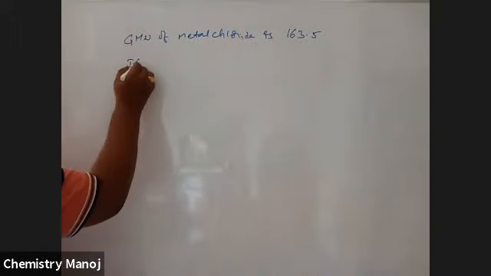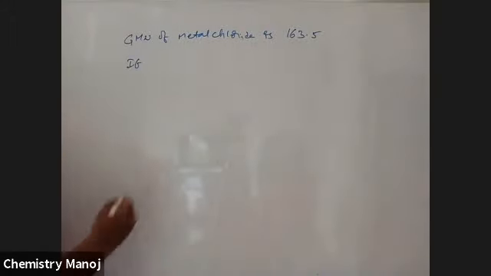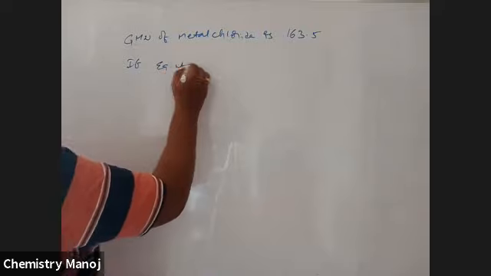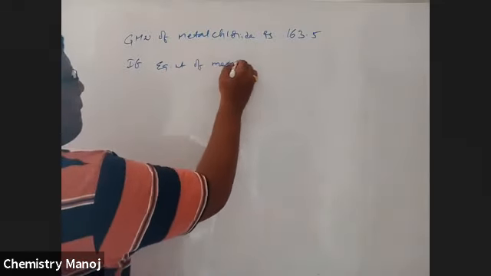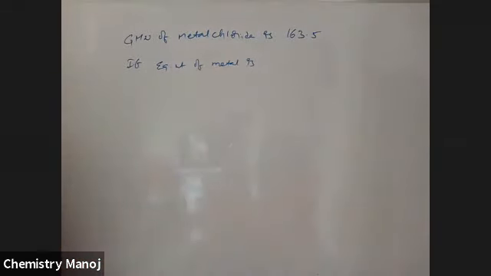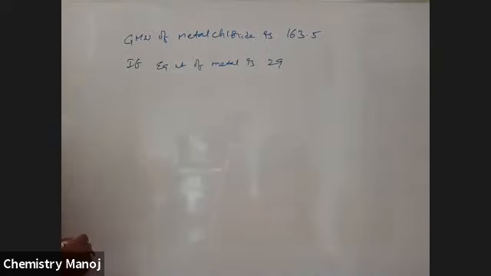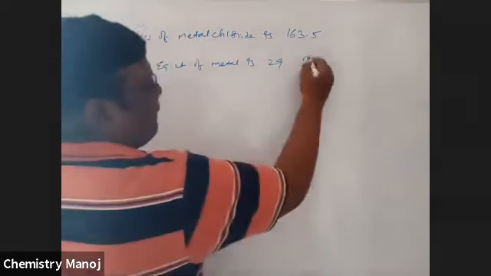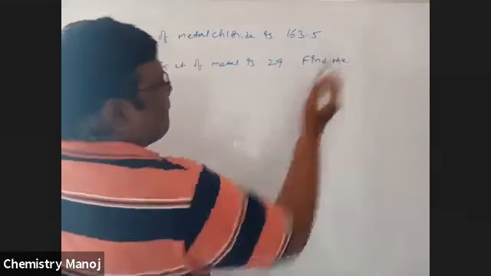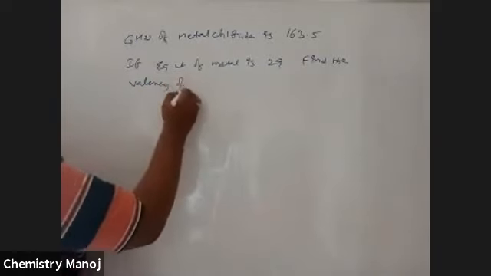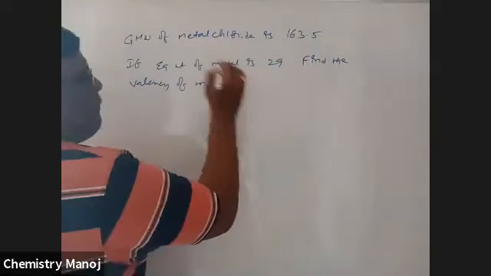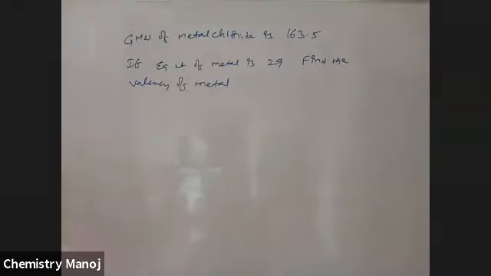If equivalent weight of metal is 19, find the valency of metal.